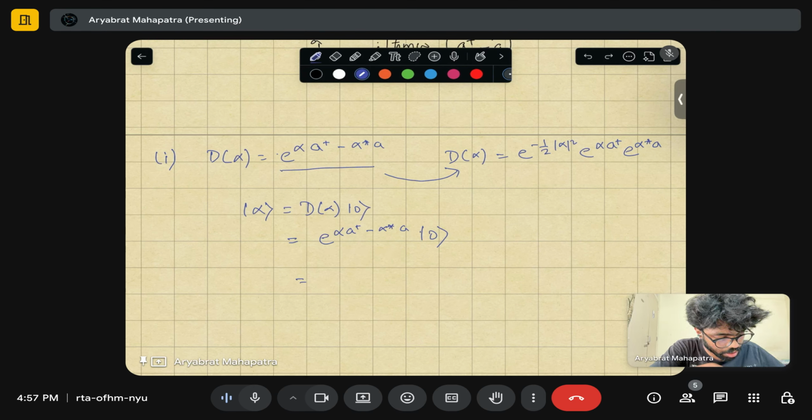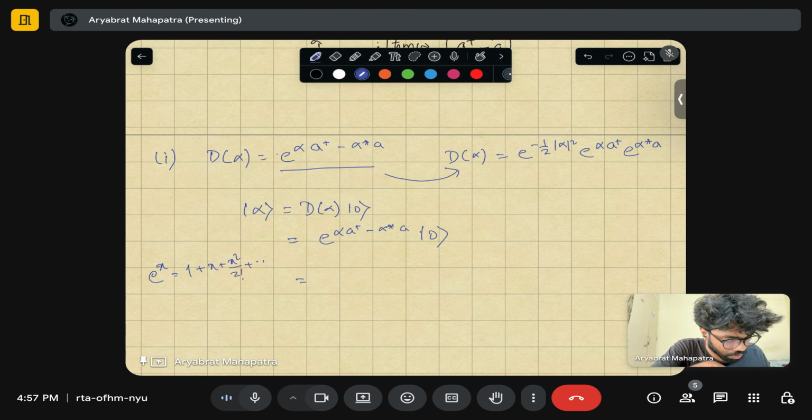The only way to go from here is to expand this exponential operator. For any exponential of x, whether it is a number or even if it is an operator, you can write this as 1 plus x plus x squared over 2 factorial, and so on.